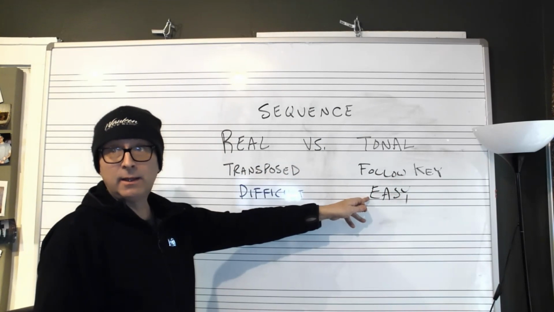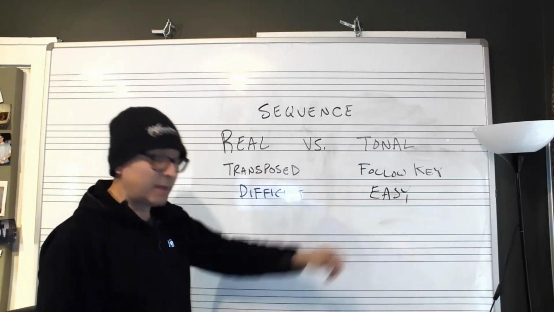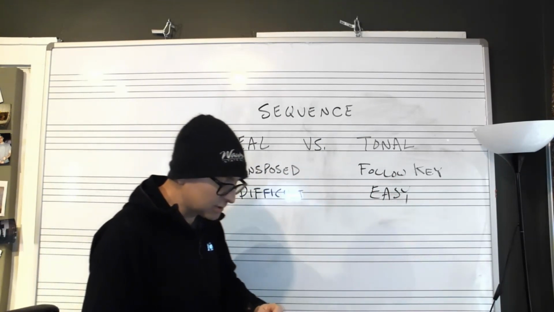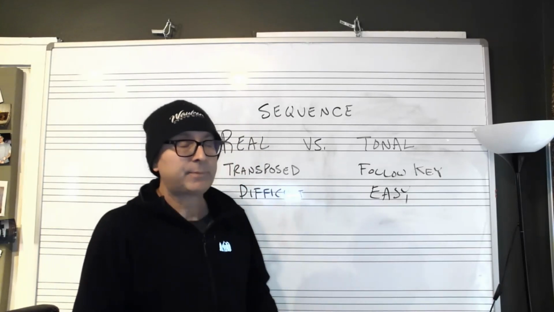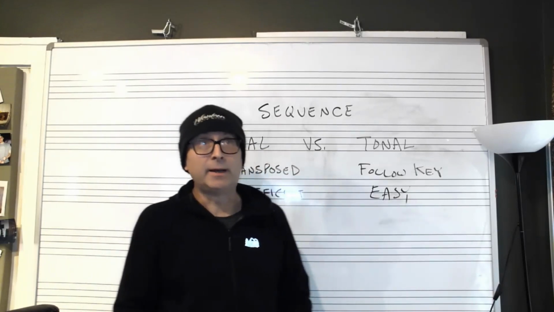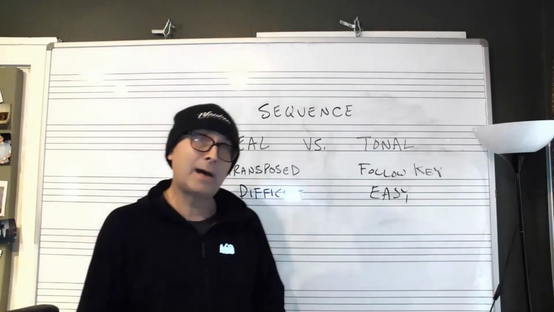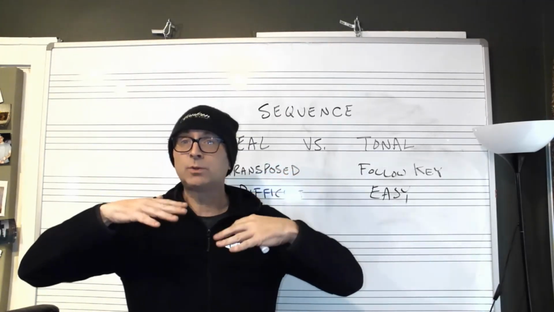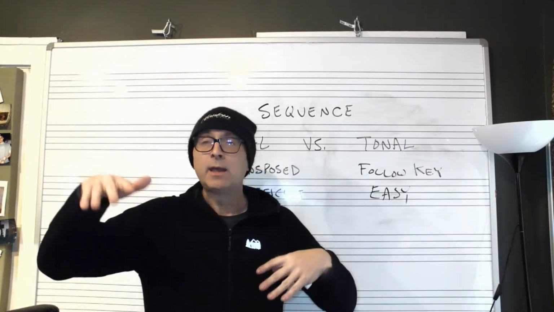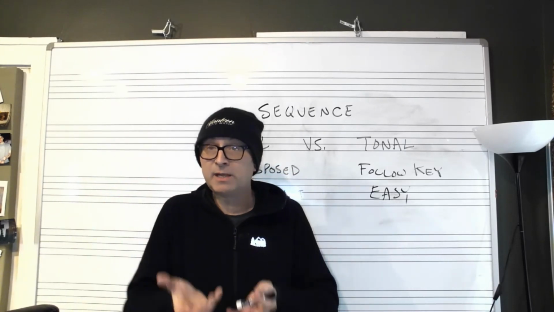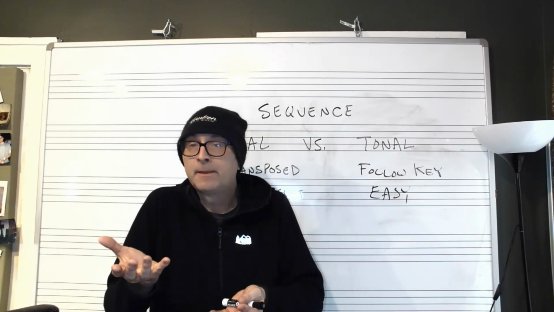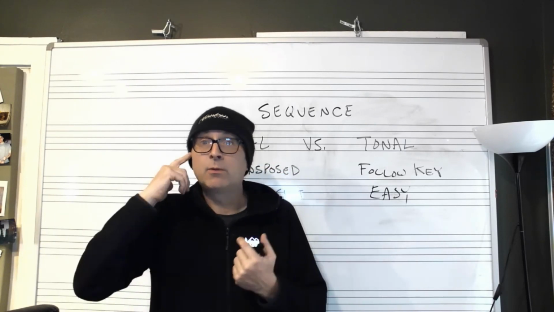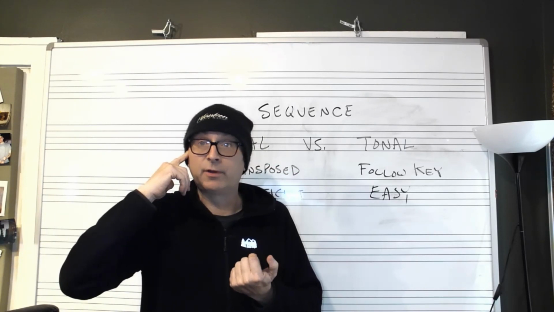Anyone can write a tonal sequence. As a matter of fact, you could probably sing a tonal sequence, just come up with the motive. La-da-dum, la-da-dum, la-da-dum. Your auditory cortex will naturally follow a major key as it begins to transpose it, as it begins to sequence it. But to actually transpose it requires you to really think about what the intervals are.